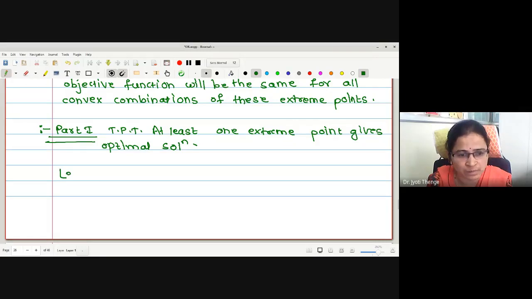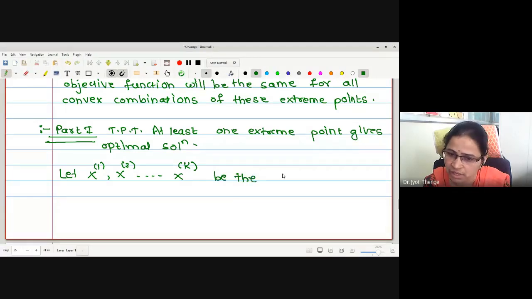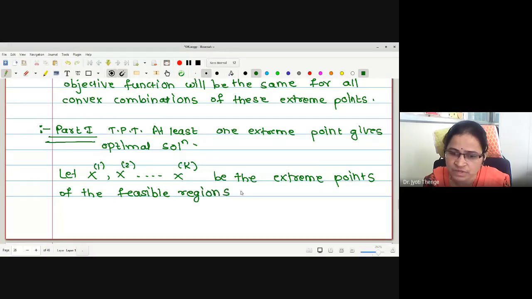Now let me assume some extreme points, say x1, x2 up to xk, be the extreme points of the feasible region, or set of all feasible solutions, of the LPP.